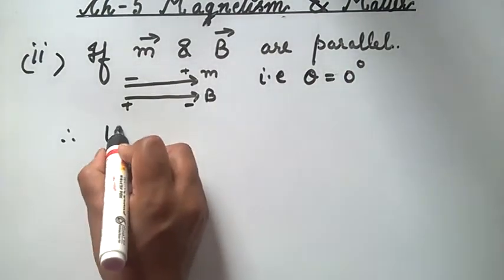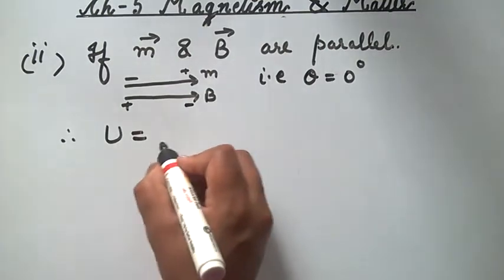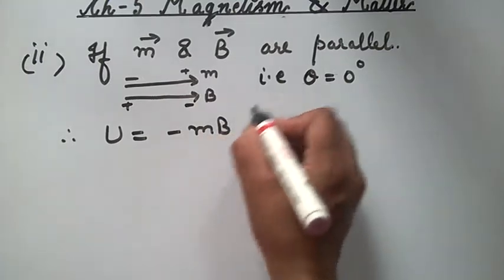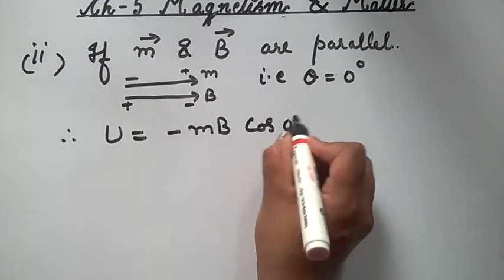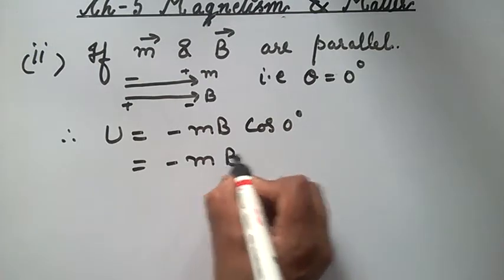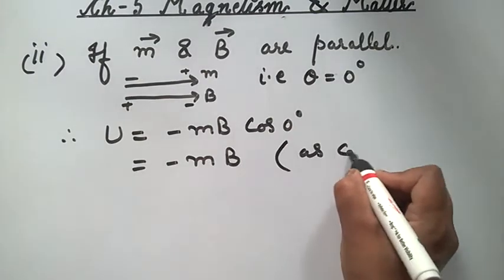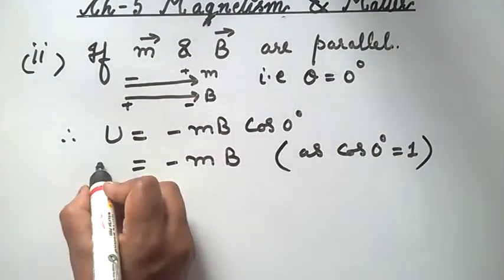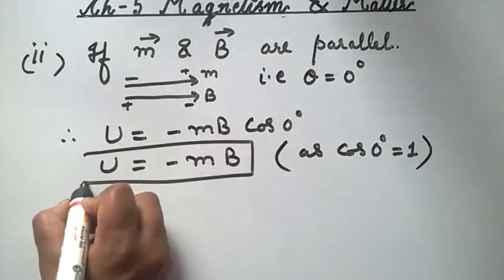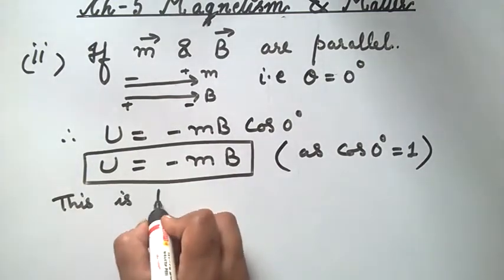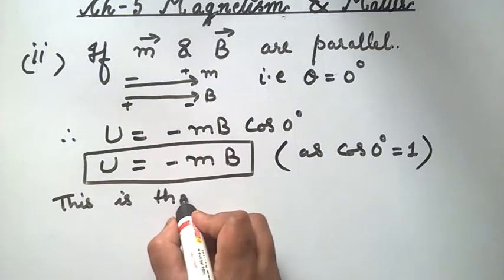Therefore, the stored potential energy is equal to minus mB cos 0 degree, which is 1. This is the condition of stable equilibrium.